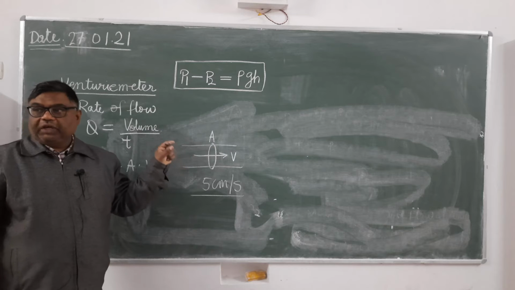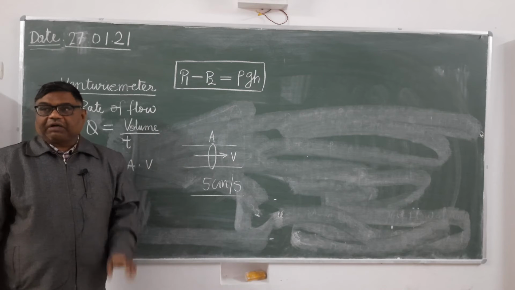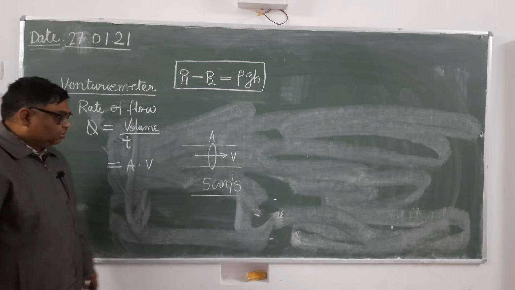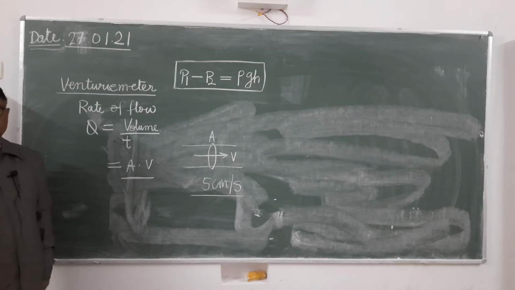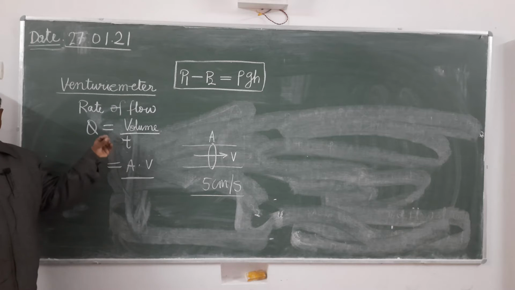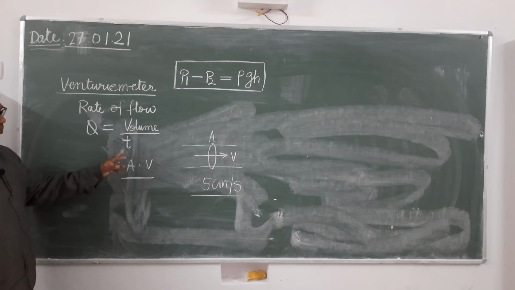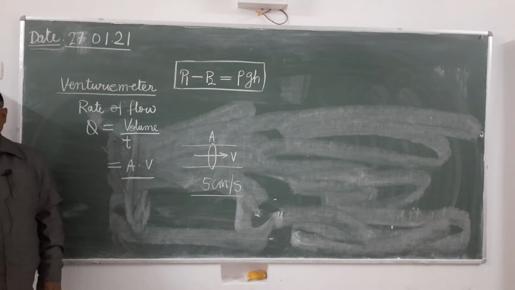So volume will be equal to area of cross section multiplied by length. It's clear? So by determining this product, area of cross section multiplied by the velocity of the flow will be the volume of liquid passing through any cross section in a given time.